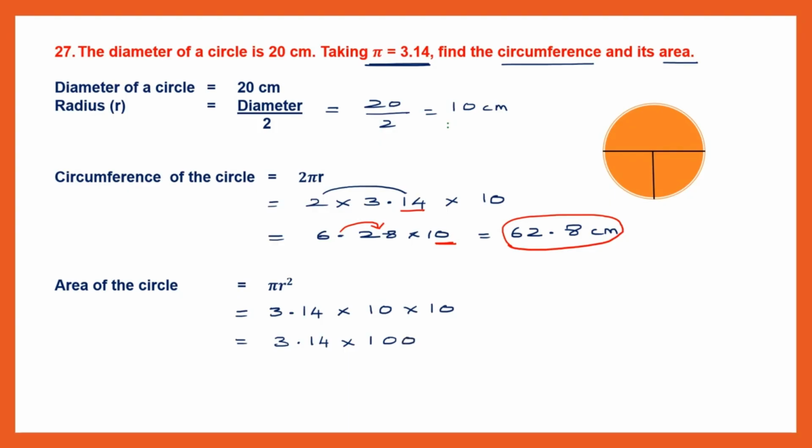So when you multiply a decimal number by 100, the point moves two places to the right. That is 1, 2, and the point comes here. So what is our answer here? 314 centimeter square. So we have found the area of the circle, and that is 314 centimeter square.